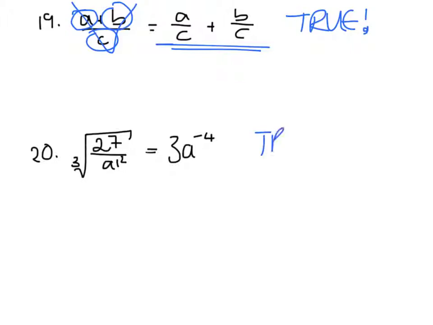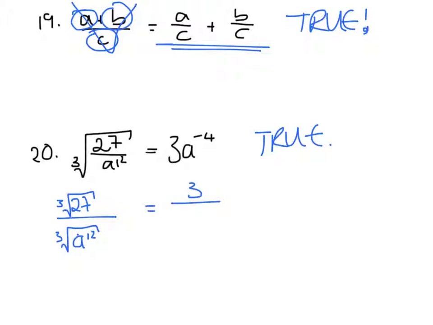20 is also true. So we discussed before, in one of the earlier problems, somewhere between 10 and 15, I think, that when we have the square or the cube root of a fraction, we can write that as the root of the top over the root of the bottom. Cube root of 27 is 3. And then here we've actually had the right thing happen to our index, our 12.